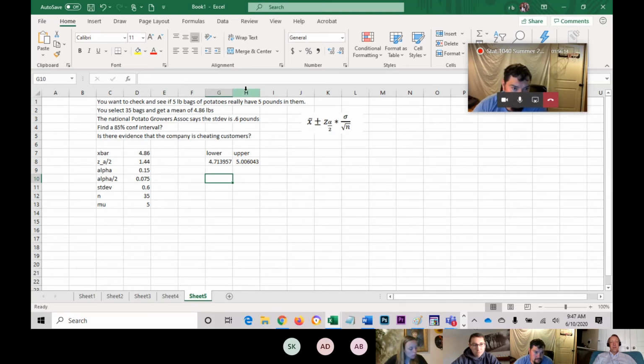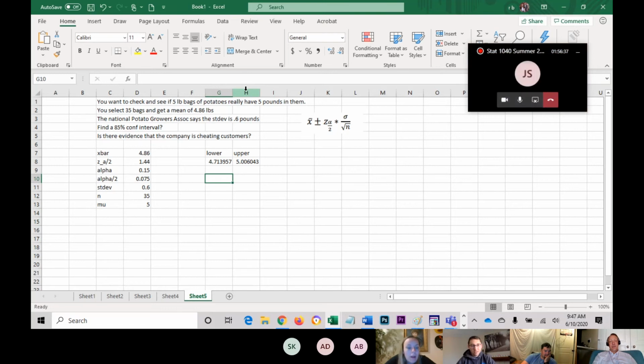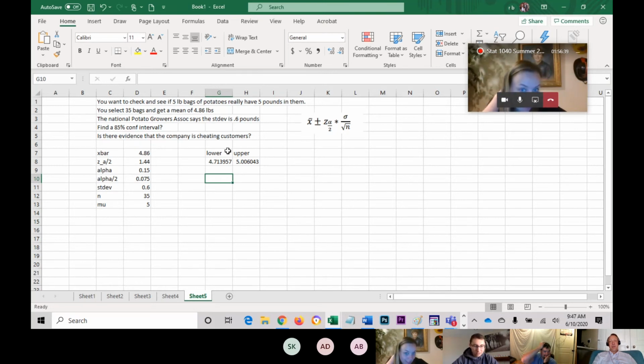Oh, I forgot to do the confidence statement. Whenever you're figuring these out, Janie, can you give me a confidence statement? Are you confident that you can give me one? No. Give us a shot anyway. Do you remember the template? If it's between the range, does that mean they're not cheating?